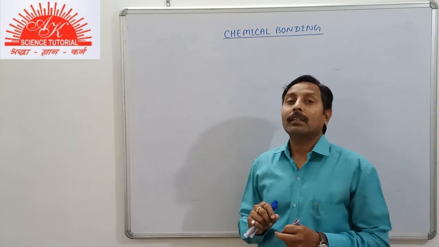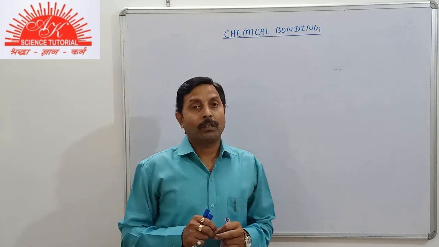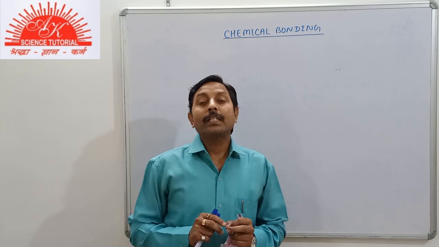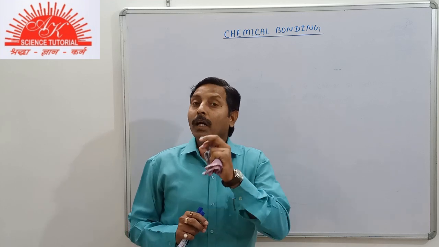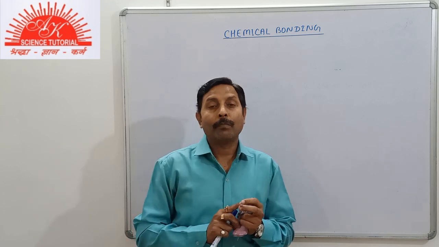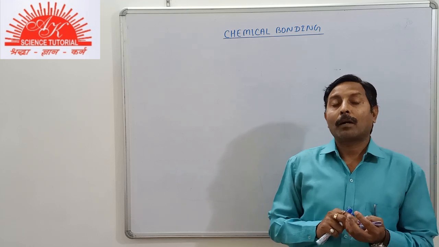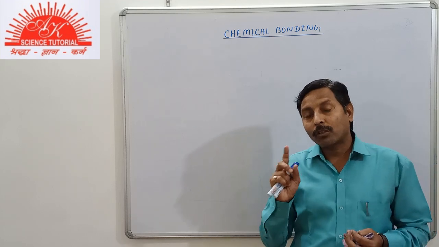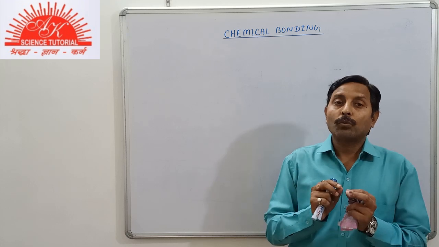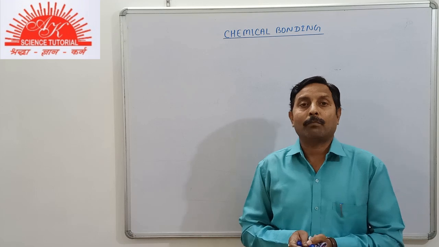In this part, we will study the covalent bond. It is another type of bond which is formed between two non-metallic atoms. Again remember, metal and non-metal combine to form an electrovalent or ionic bond, whereas two non-metallic atoms combine to form a covalent bond.